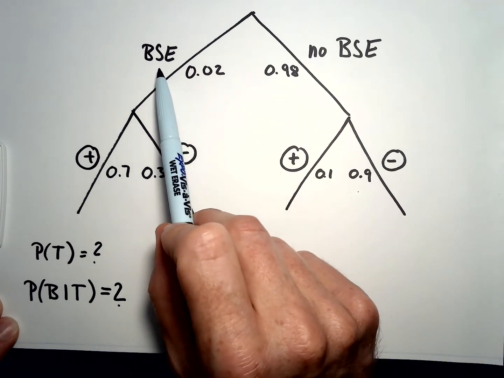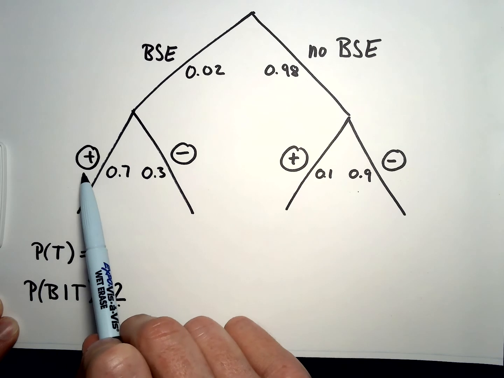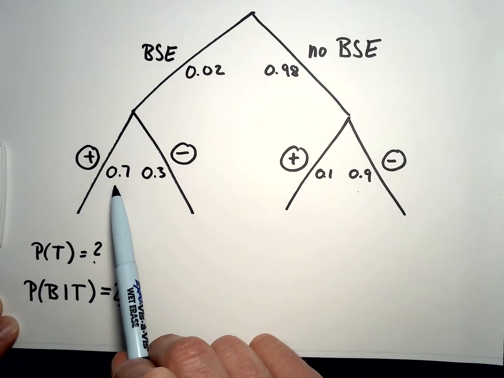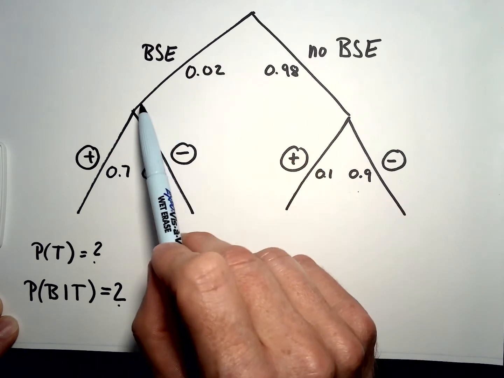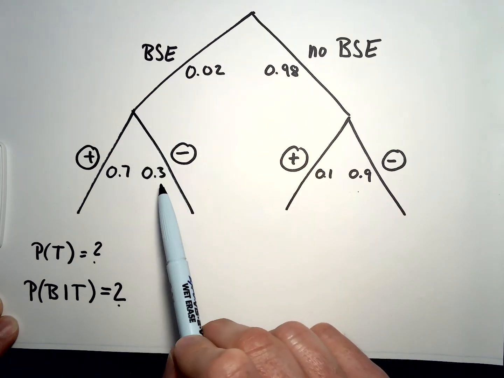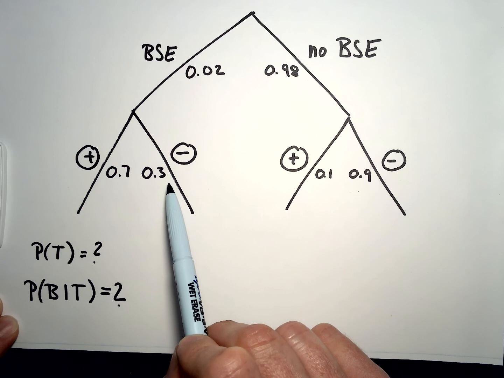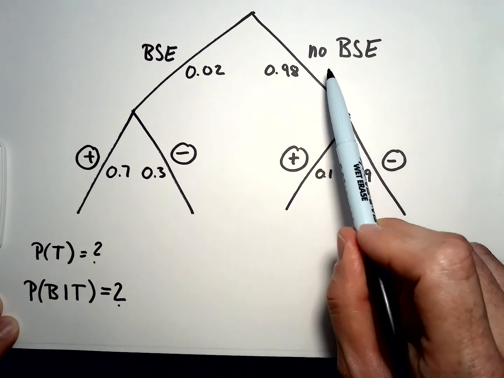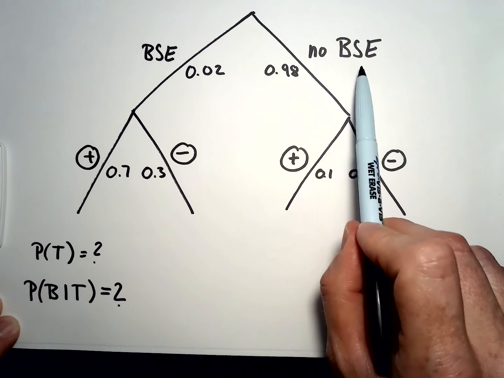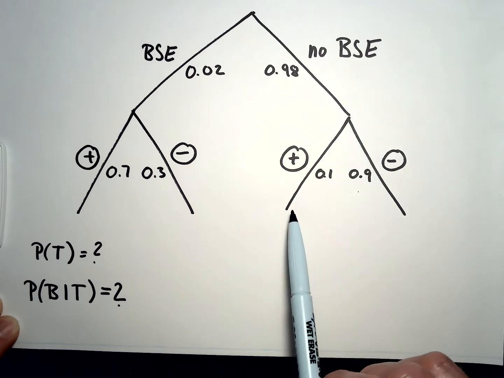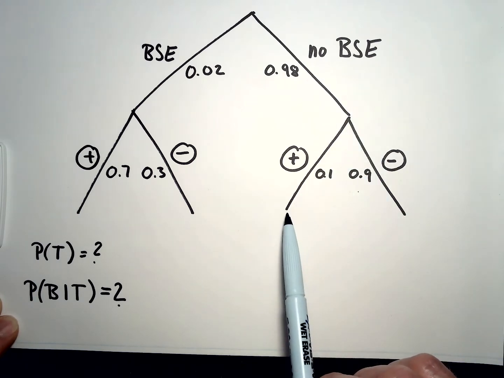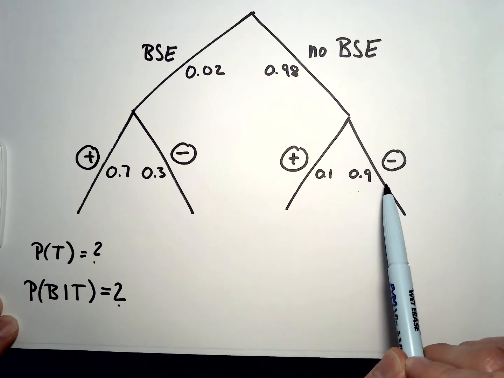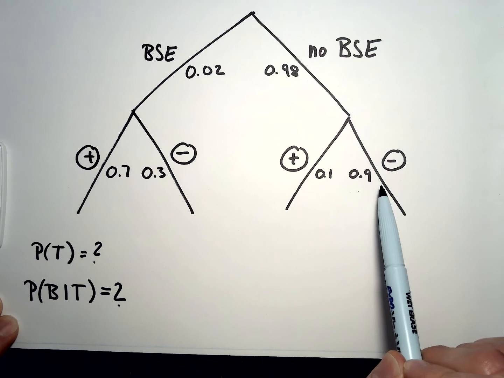If the cow has BSE, then a positive test result, there's a 70% chance of that happening. And if the cow has BSE, the test result being negative, there is a 30% chance. On the other hand, if the cow does not have BSE, the probability of a positive test result is 10%, and the probability of a negative test result is 90%.